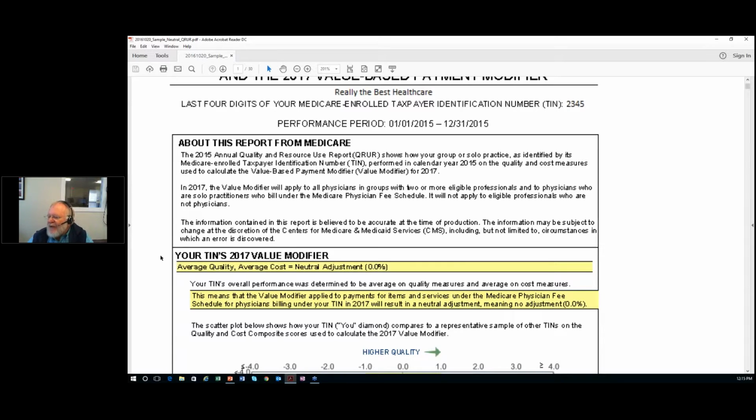And of course, if you're in the lowest 10th percentile, or if you did not submit accurately, then you could be due for a negative adjustment. And then it goes on to explain, gives you just a little more detail in this statement down below. So just stating it with a little more detail.